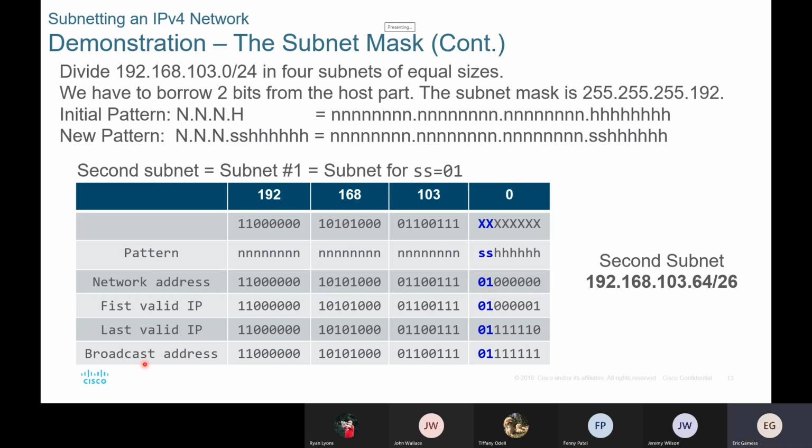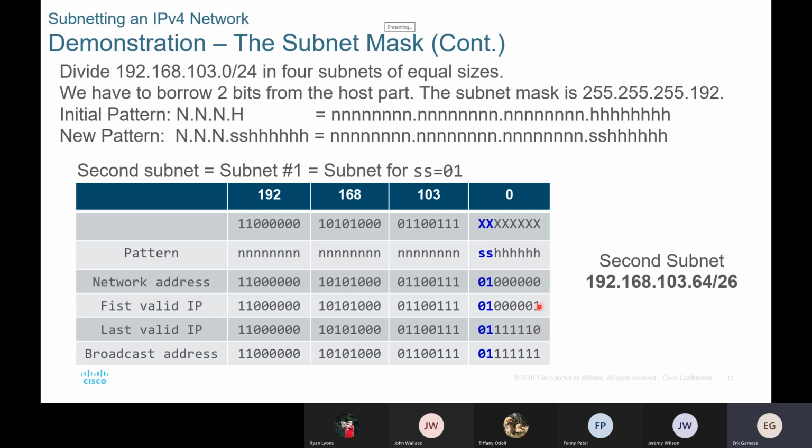How do I get the last IP address, which is the broadcast address? I change all the host bits to 1. So if I change these 6 bits to 1, this will be the binary number that I get. And this binary number is 127. So I go from .64 to .127.